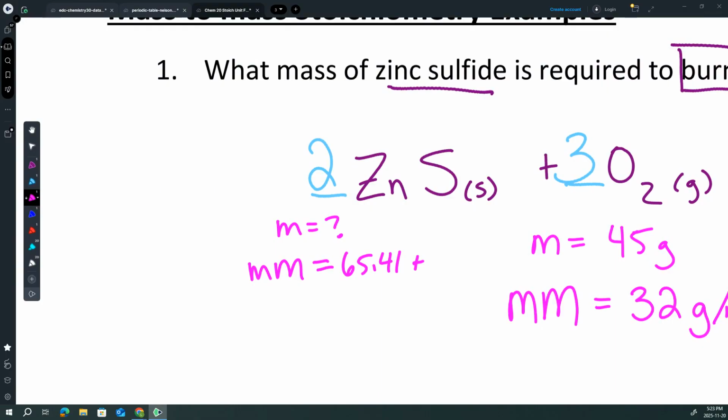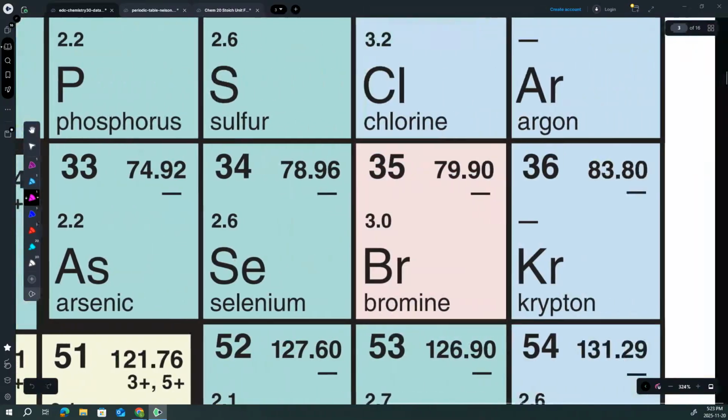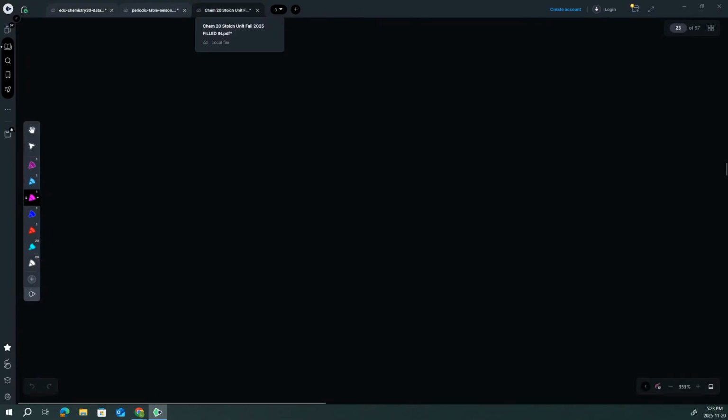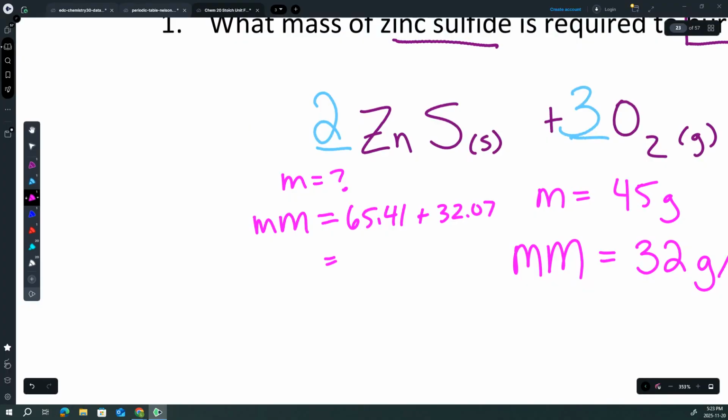There's only 1 of it, so I'm not multiplying it by anything. And then sulfur, let's check that out. I think it's 32.07. Yep. If we add those together, we get 97.48 grams per mole.